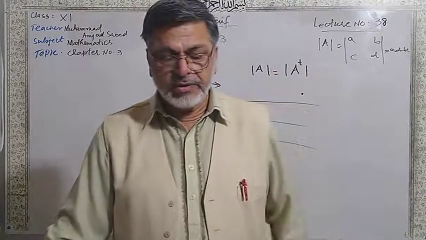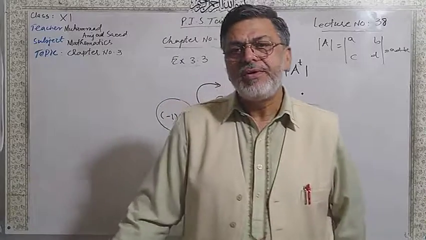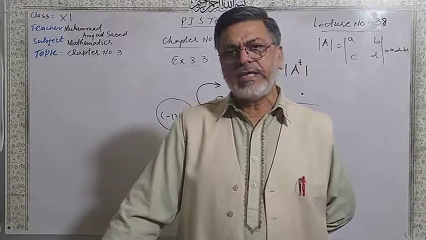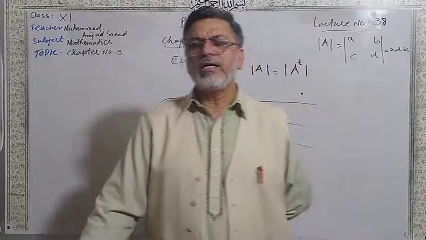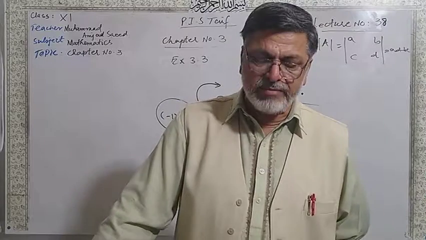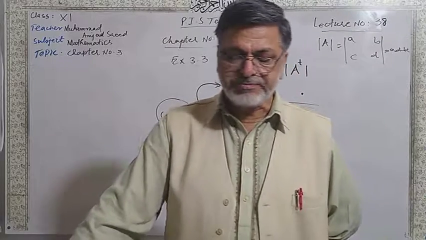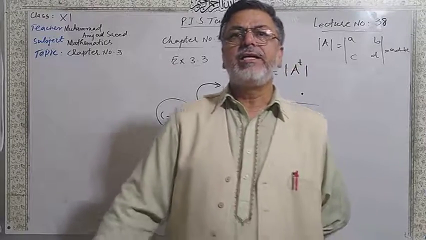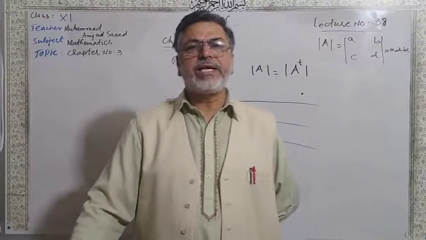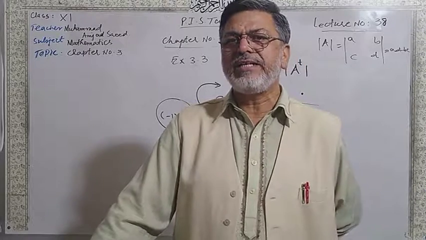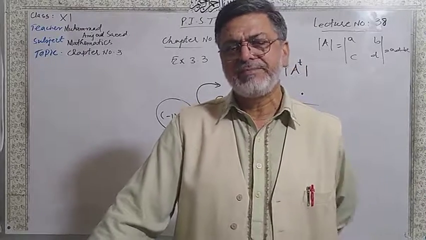I told you, if in a determinant a complete row is 0 or a complete column is 0, then the value of the determinant will be equal to 0. And I told you already that scalar multiplication of a matrix and multiplication with a determinant are different.